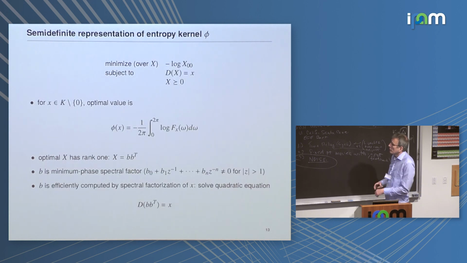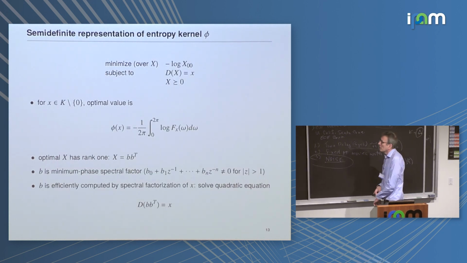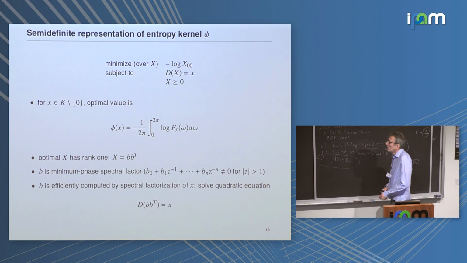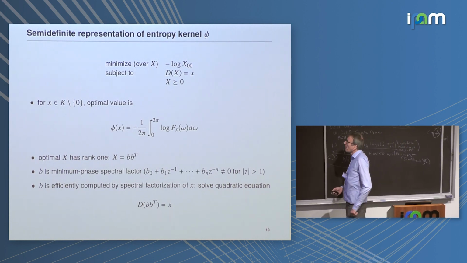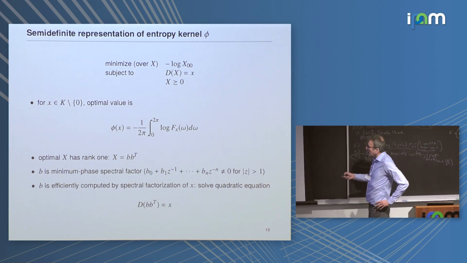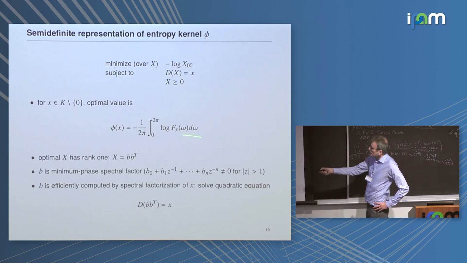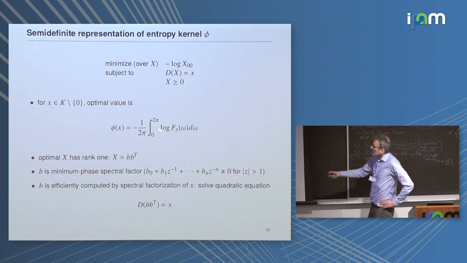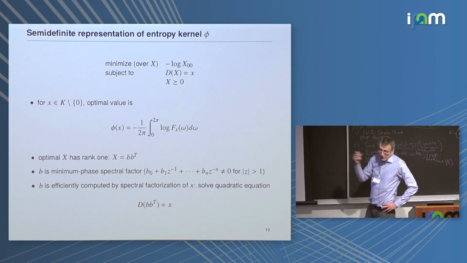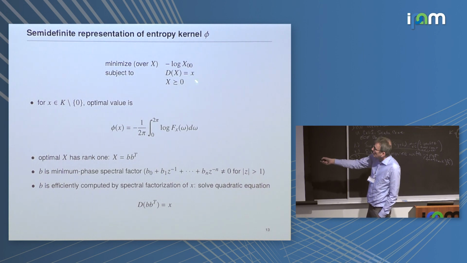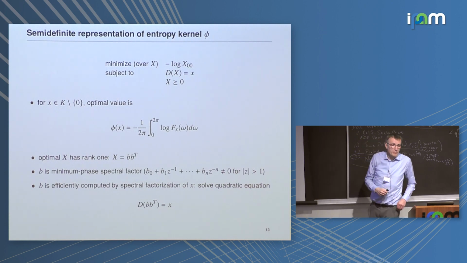So this function has very nice connections with system theory and control. First, if you want to evaluate this kernel function, this entropy-like function, for a given x, we can evaluate it by solving an SDP. In this problem, we fix x, the coefficients of the cosine polynomial. We have our SDP representation in terms of a matrix X, and we maximize just the first element of the matrix.